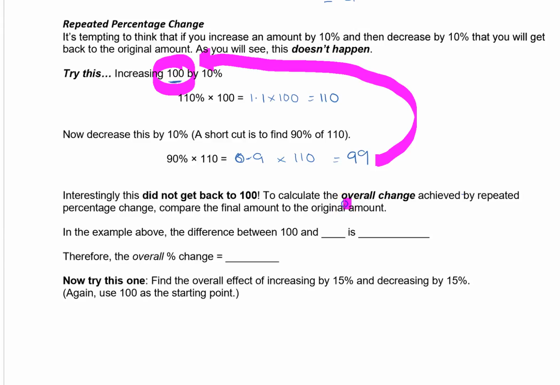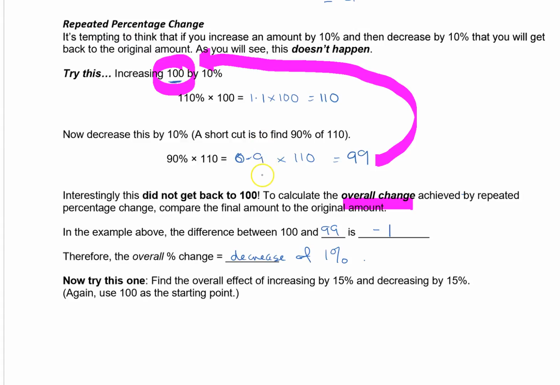The difference between 100 and where we ended, 99, is minus 1. From 100 down to 99 is a minus 1. Therefore, the overall percentage change equals a decrease of 1%.